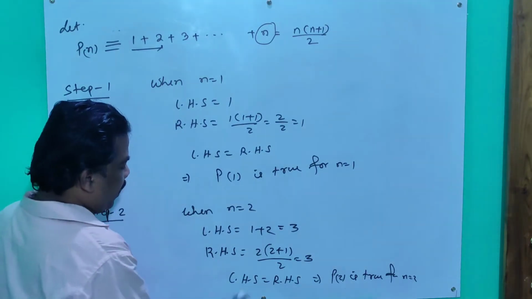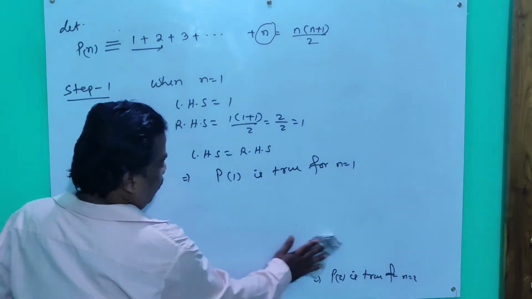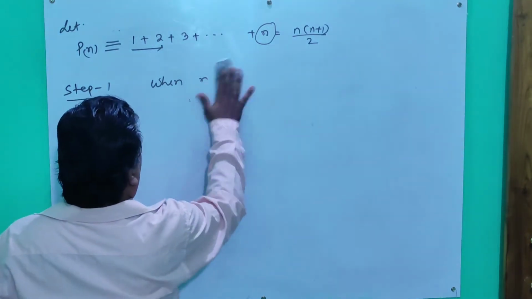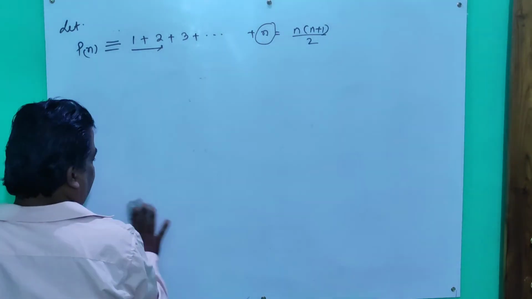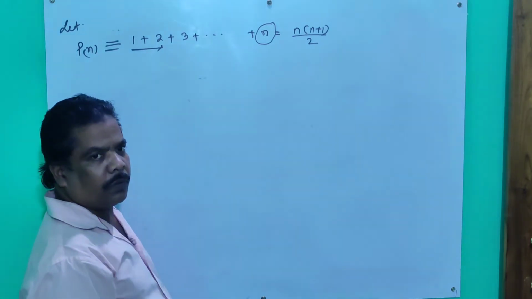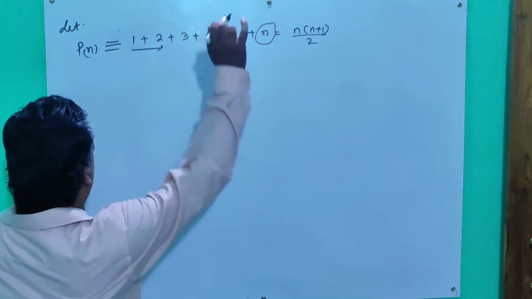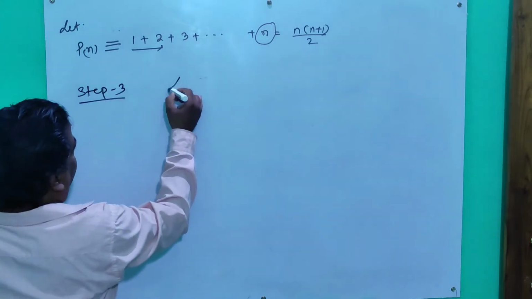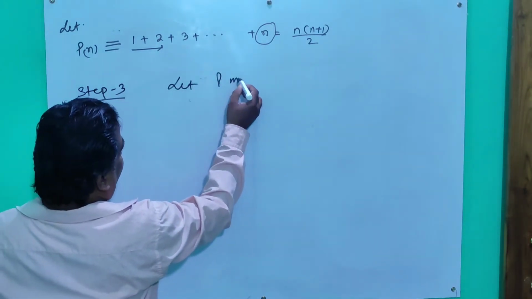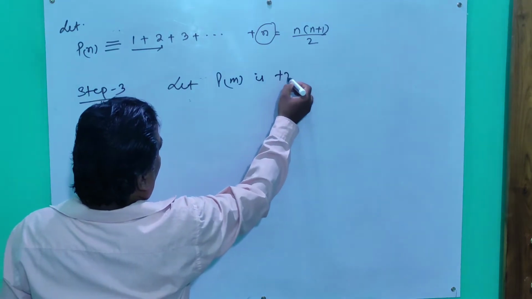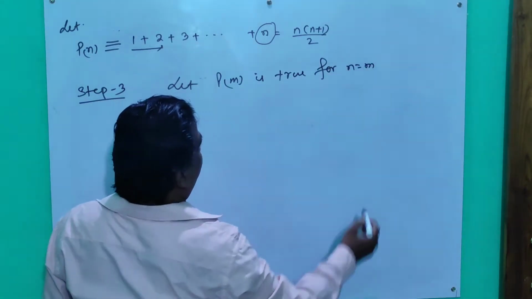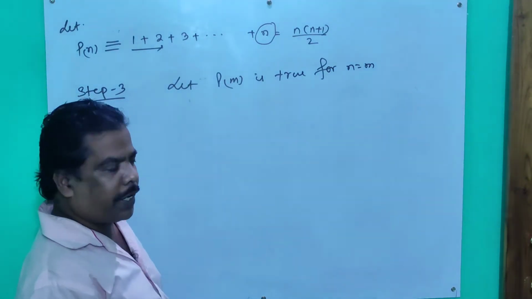Let us assume that Pm is true for n is equal to m. This is the assumption step, or step 3. Let Pm be true for n is equal to m.